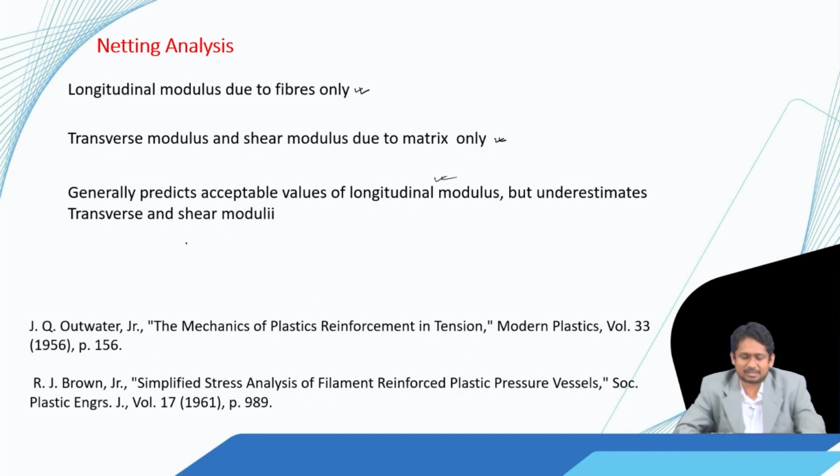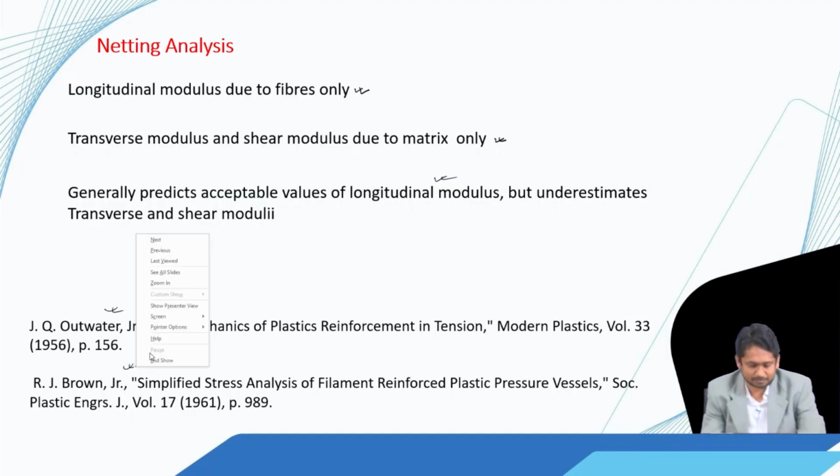We will see later on that the strength of material based approach itself kind of underestimates the transverse and shear moduli, and when we make even more assumption that there is no contribution to the transverse modulus by fiber, this underestimates even more. Now, this approach is outlined in these two papers.